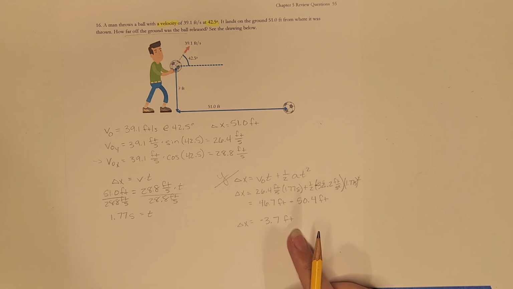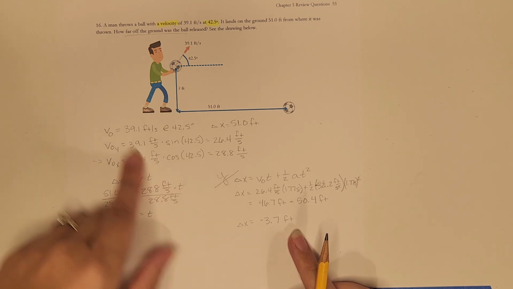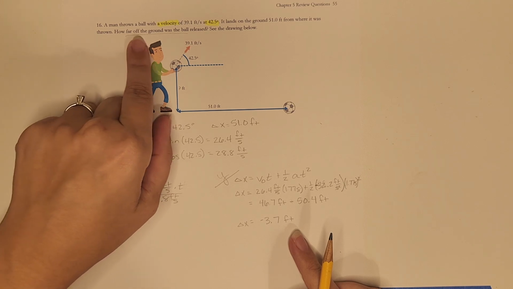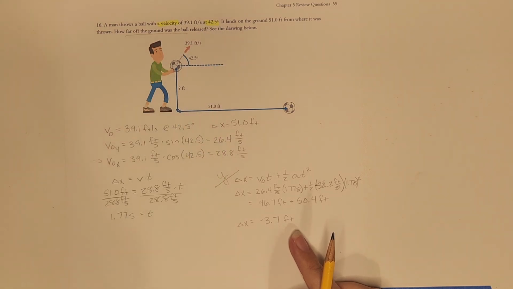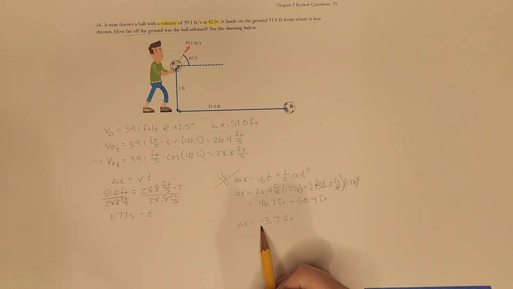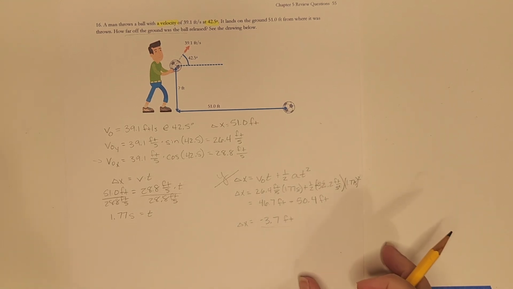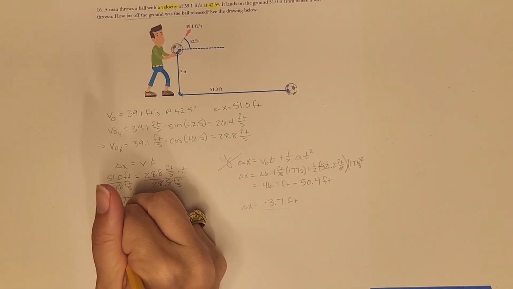And that's not what the question is asking. The question is asking how far off the ground was the ball released, not how far down it went. And so we're going to switch this sign in our actual answer.